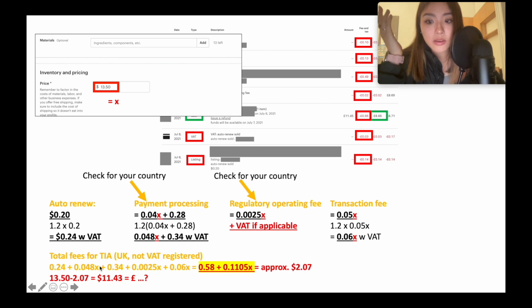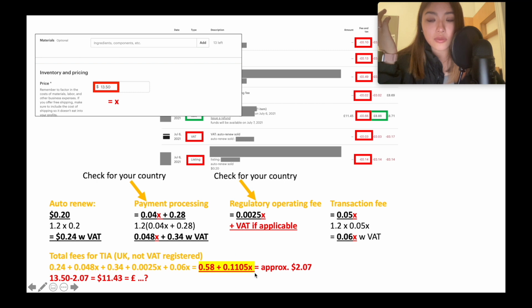So for me, I'm a UK citizen, I'm not VAT registered, so we're going to be looking at the VAT prices here. So that's 0.24 plus 0.048x plus 0.34 plus 0.0025x plus 0.06x, which equals this thing here.